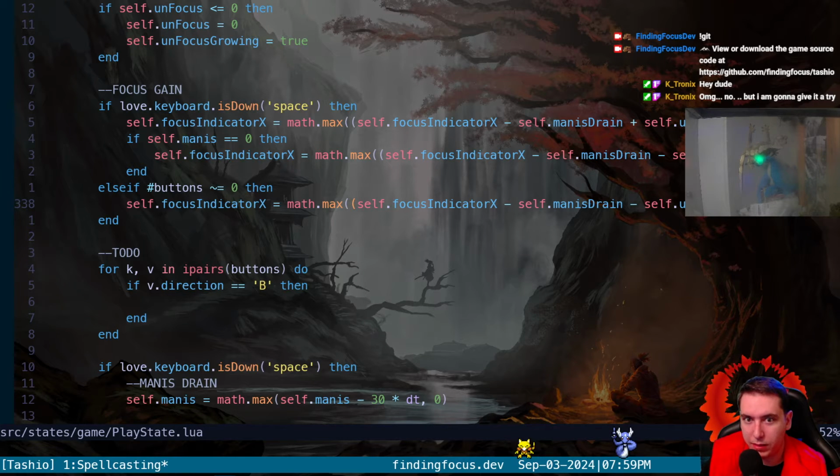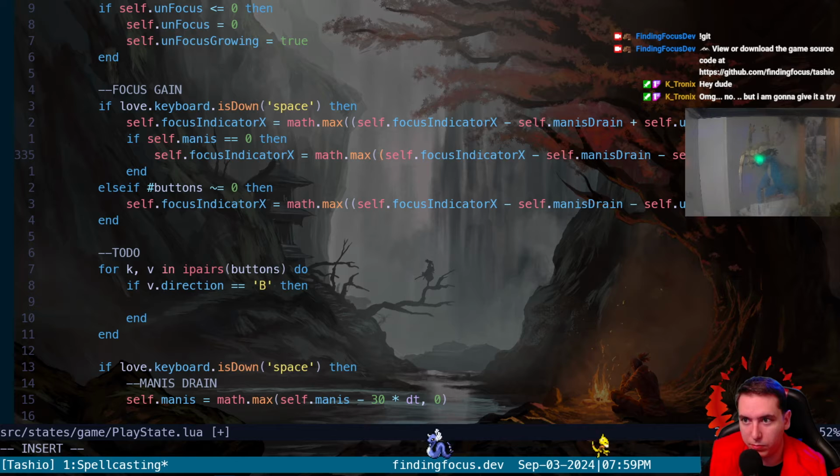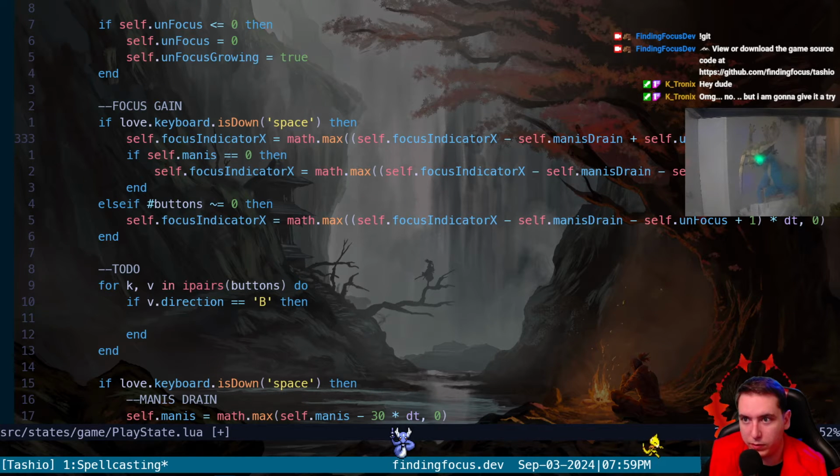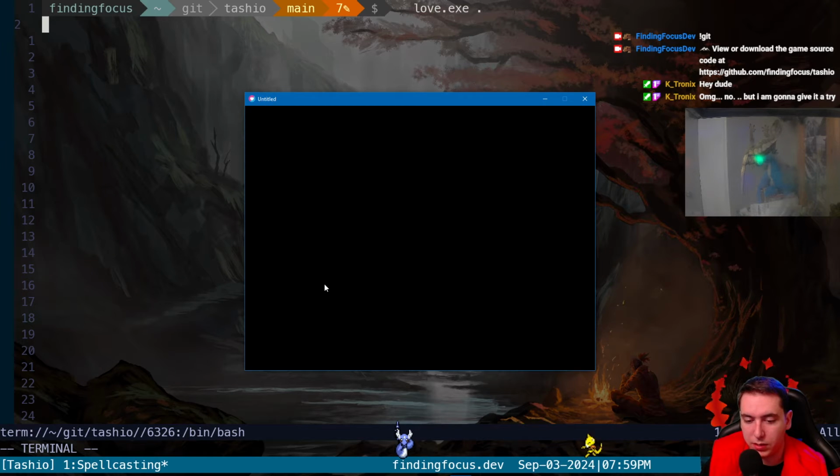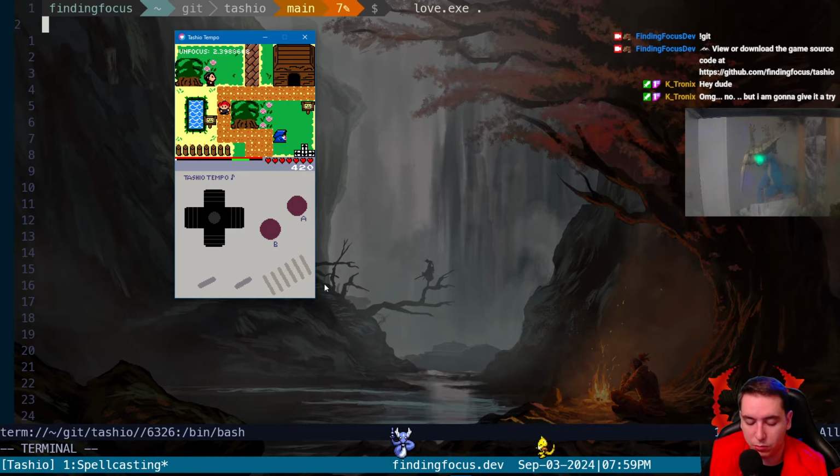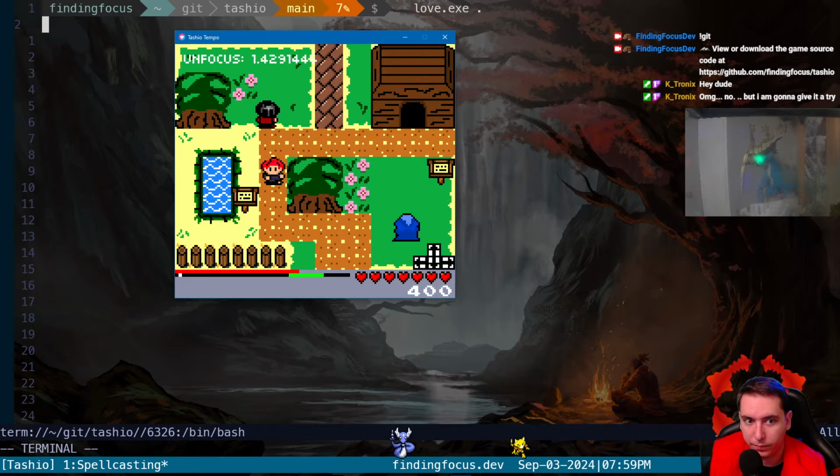So that I think means that we can add a, I don't know, let's just add a +1 and just see what that gives us. Because the scale by delta time is just making it so teeny. Okay.